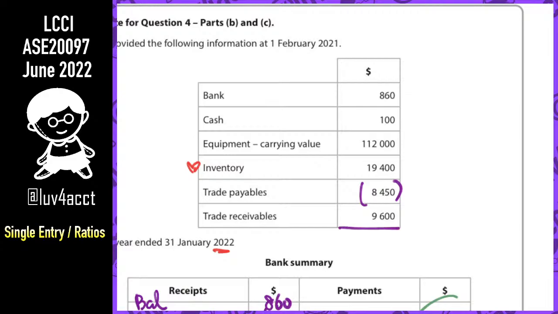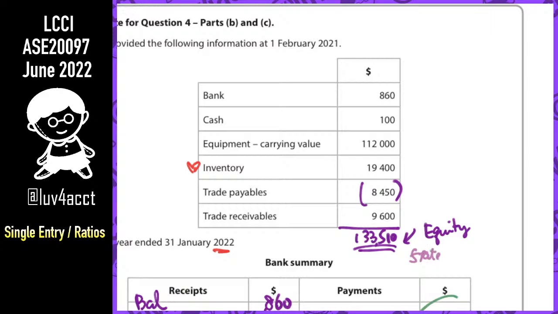So all the assets minus the liabilities gives 133510. Sometimes you are asked to calculate this equity by working on a statement of affairs.